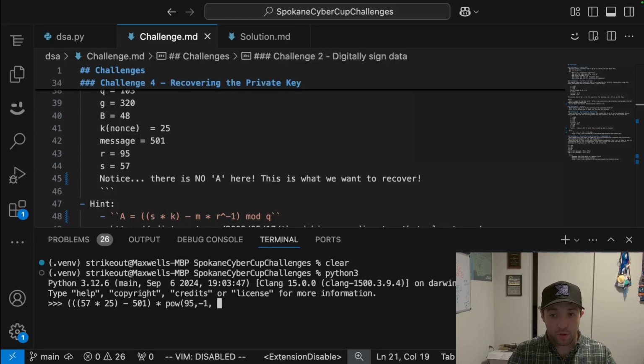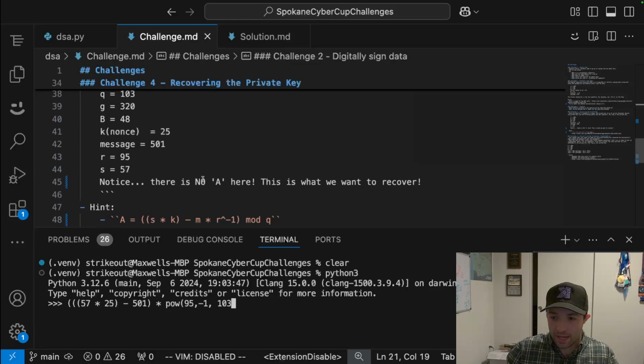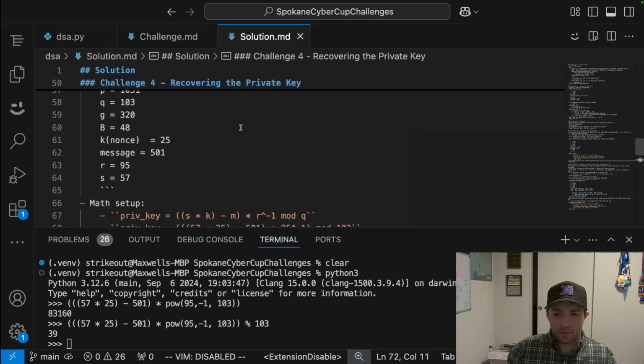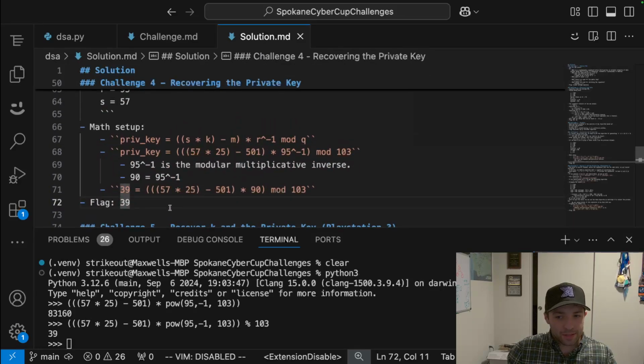And then the modulus we want to use is Q, which is 103, as you can see up there. And then we want to encapsulate that, I believe. Yep. And then we want to mod that by Q again, 103 again. And that is 39. If we look at the solution, I believe that is correct.